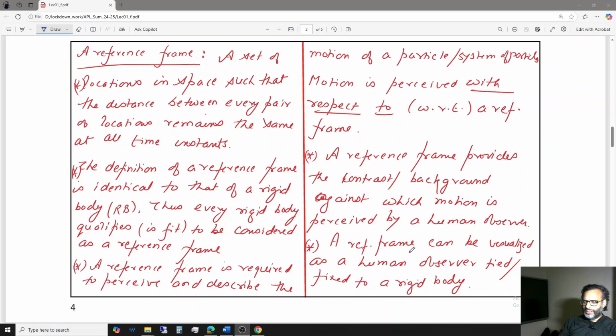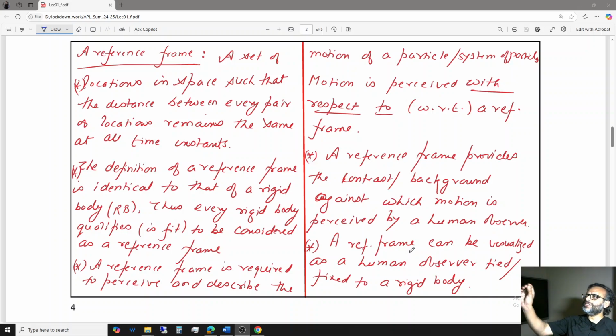There are trees, there are houses on the ground which are all fixed. Your mind is observing that contrast. Your mind is conscious of that contrast. And against that contrast, in that background, there is a bird that seems to be changing its position.